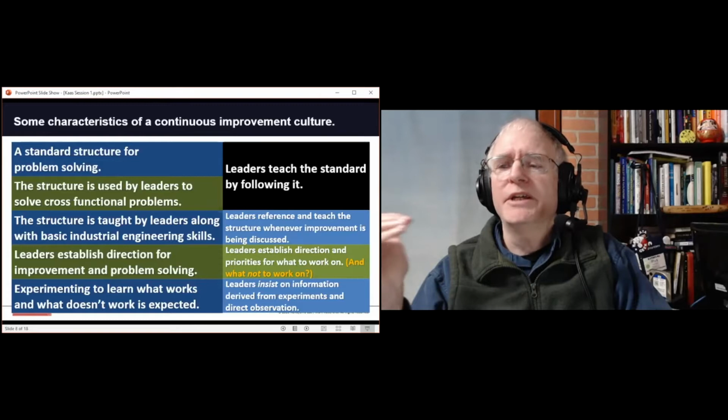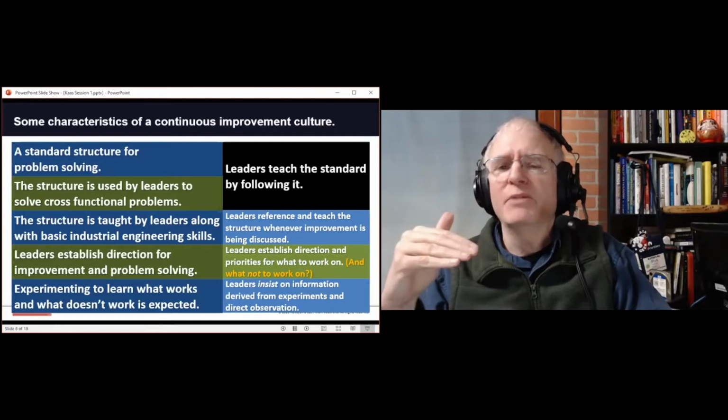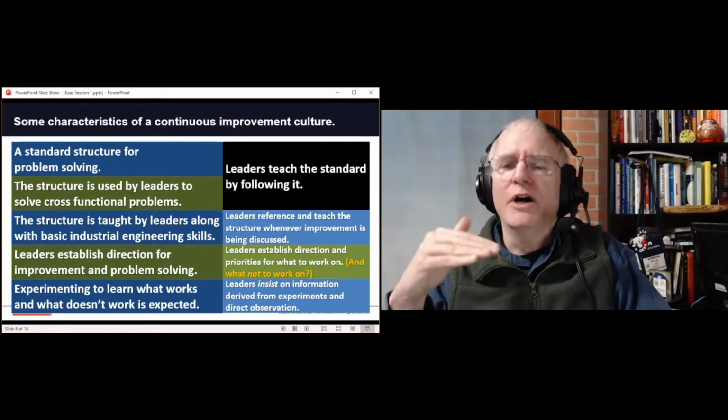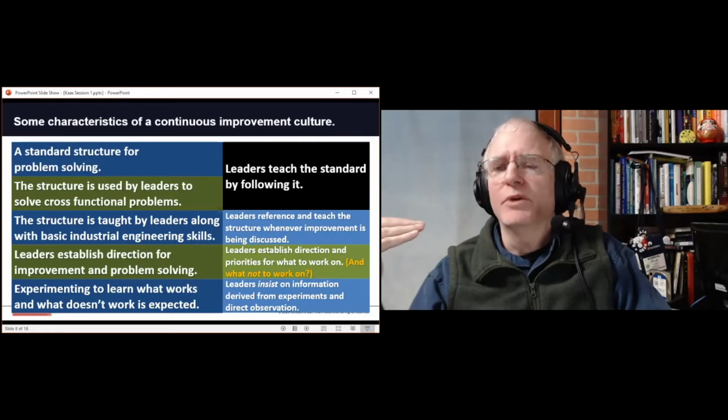So what's the gap? How do you go about problem solving in your organization? Is there a way? Is it the way everybody does it? Is it taught as the reference standard when we discuss problem solving? Is there a consistent way that we go about it? Is there a good sense of direction and challenge, what should be worked on and what we are choosing not to work on? And what is considered valid information and where does it come from?